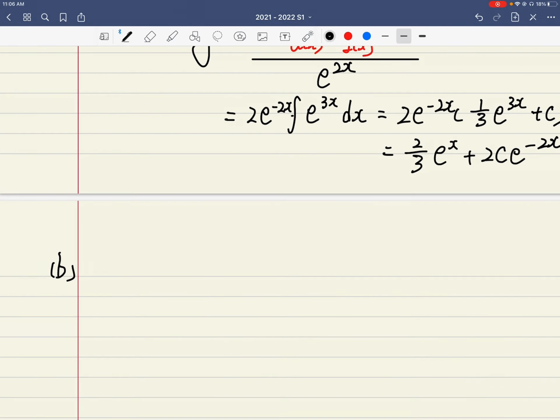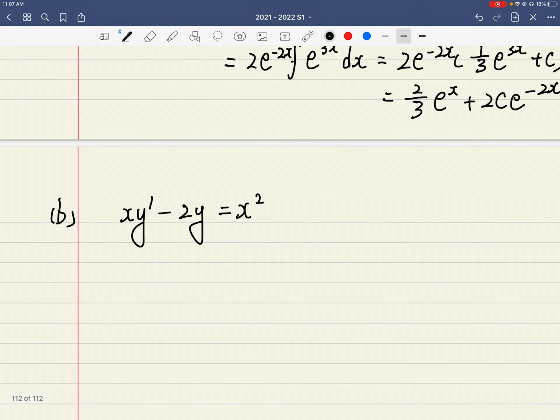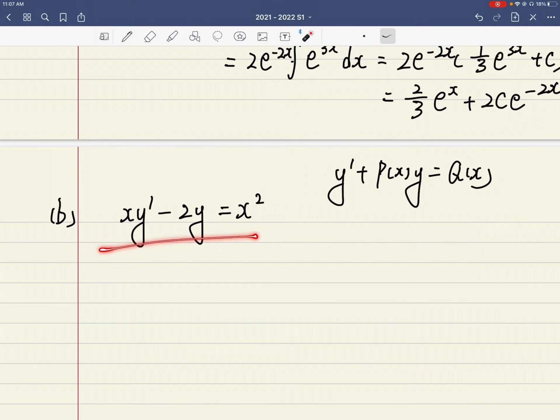So the second question, x times y's derivative minus 2y is x squared. Okay, again, first you have to change it to the form y derivative plus p(x)y is equal to q(x). First you have to change this ODE to this form before you do all the integrating factor thing.